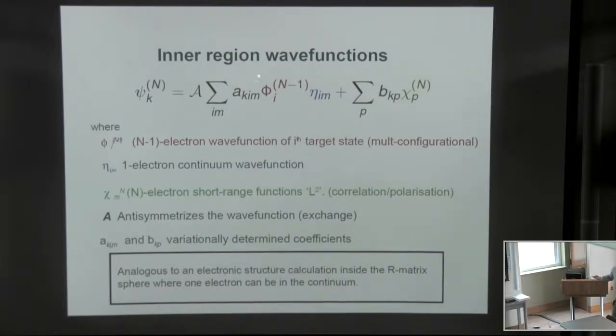So you get an ionic state times a continuum orbital, and then you get these so-called L-squared configurations, which are put in essentially for technical reasons. Then the whole thing is anti-symmetrized, and you solve the inner region Hamiltonian and get your coefficients.